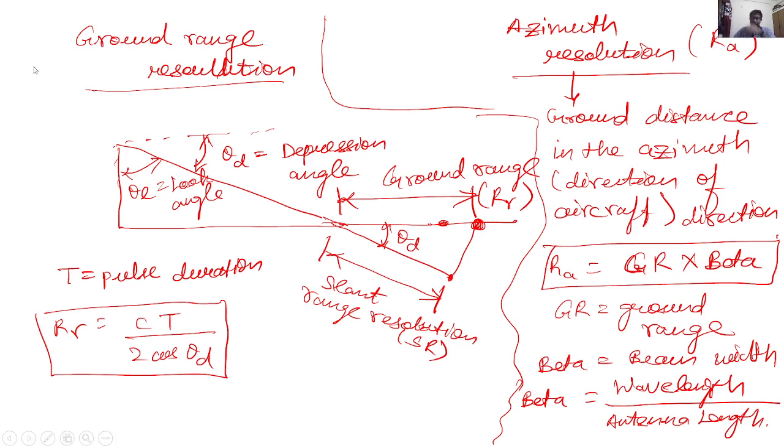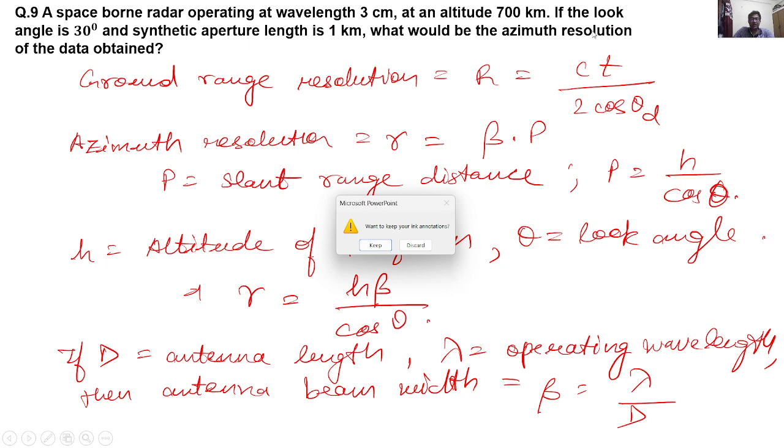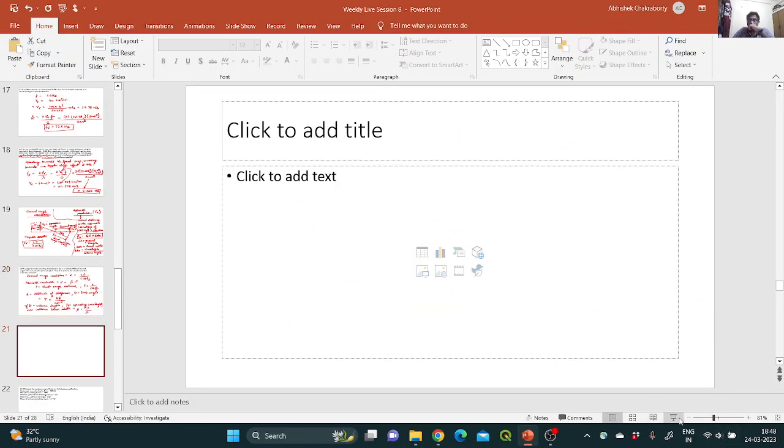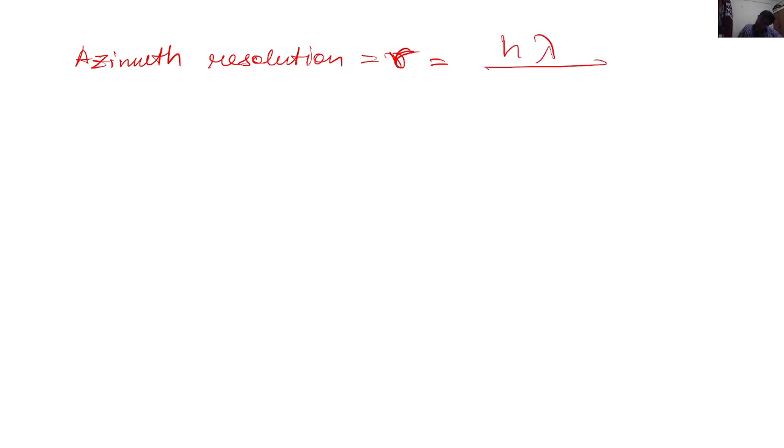Okay, so combining that, we get the azimuth resolution as R equal to H lambda by d cos theta.